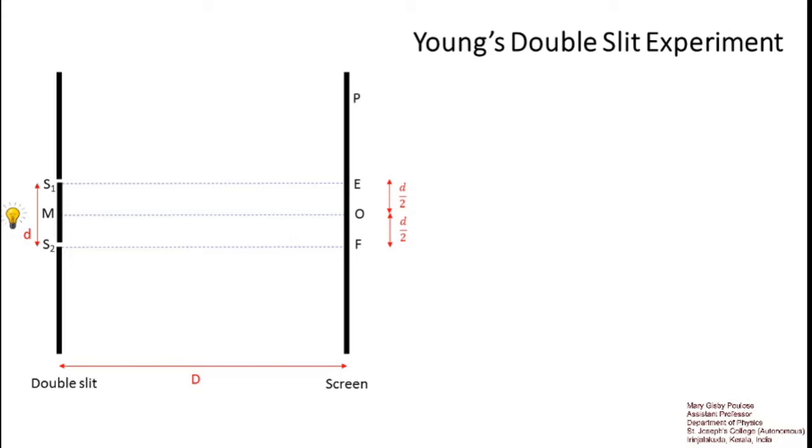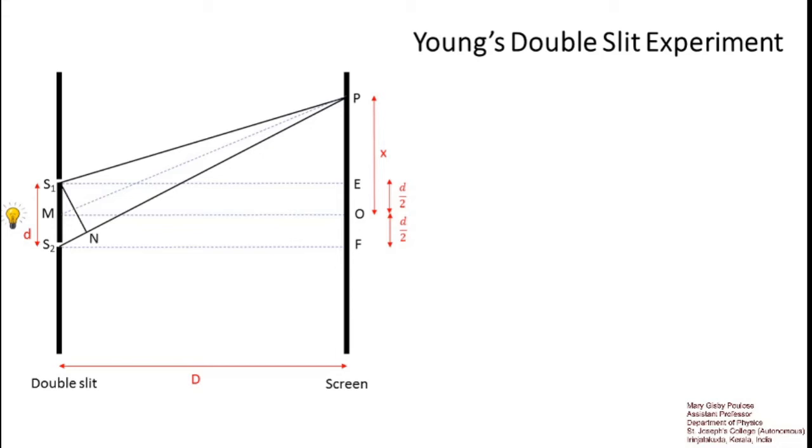Now let us assume a point anywhere on the screen as P, and the distance of that point from the optic axis is x. Now let us draw a light ray from S1 to P, and it forms the line S1P. Another light ray is drawn from S2 to P, and it forms the line S2P. Now a reference line can be drawn from M to P, and it is MP.